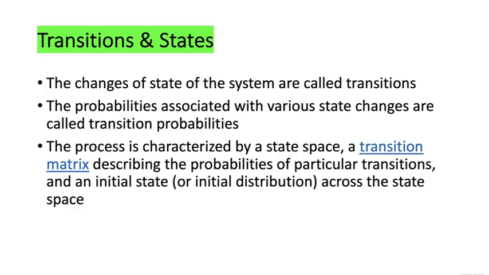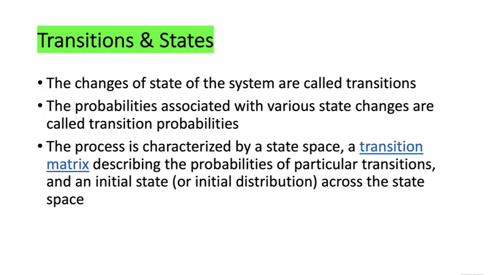Okay, transition and state. This is just a review from the previous slide. Transition and state are very, very important in Markov chains. The changes of state of the system are called transitions. So a transition is a change from certain conditions to other conditions, and it has a probability.